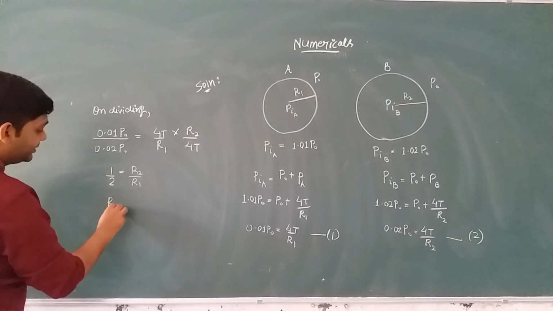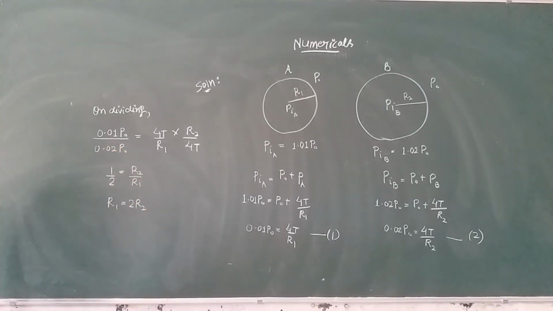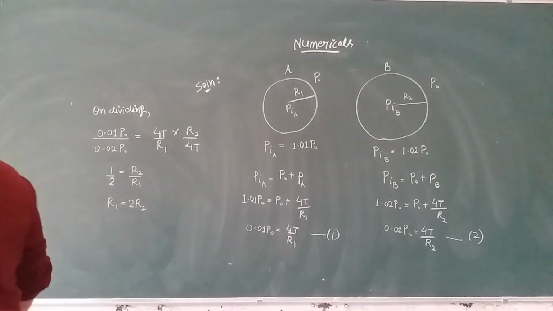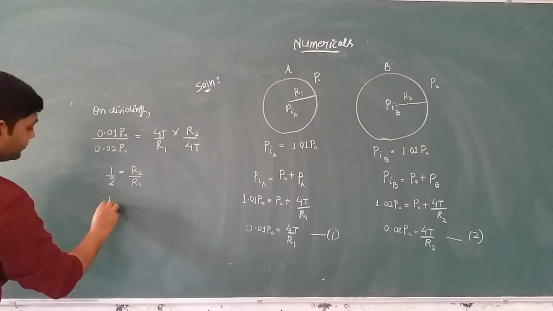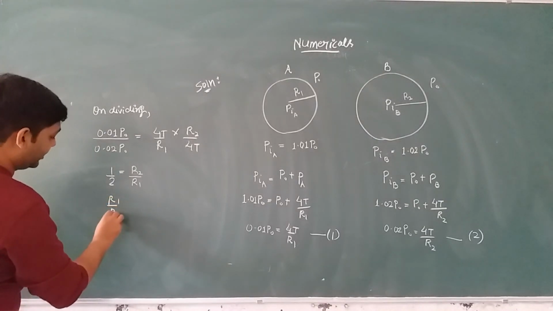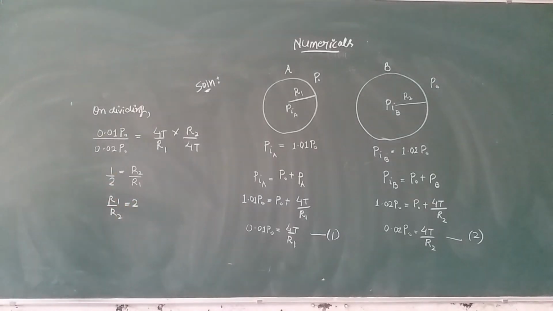So R1 is 2 times R2, or you can write it like this: R1 upon R2 is equal to 2. I hope you are clear till here.